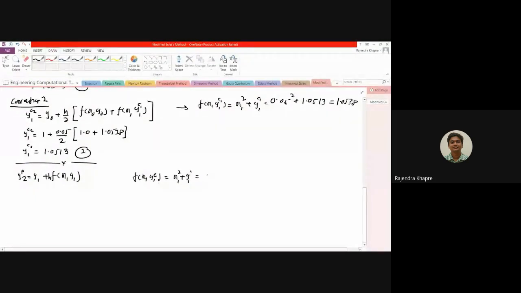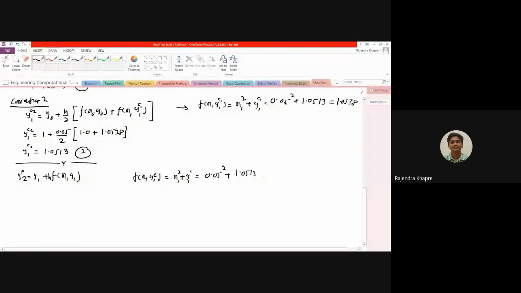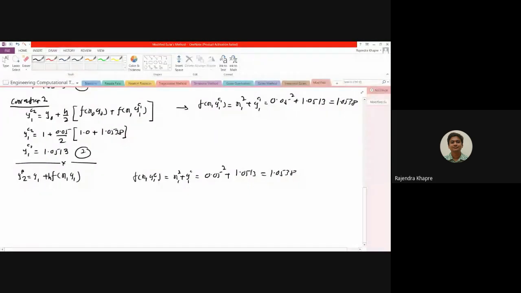So this is 0.05 square plus 1.0513. This is the final answer, right? How much is it coming? We already calculated this, that is 1.0538. Am I right? Yes, sir.